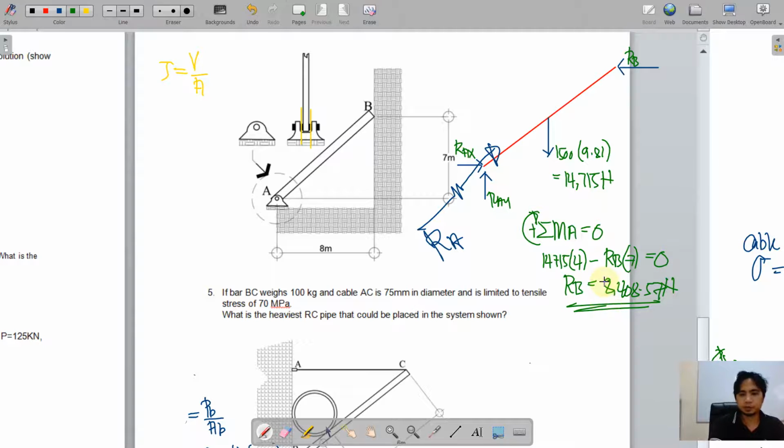Alright? Okay, so looking at the free body diagram, it is obvious that RB is equal to RAX because they are only the ones with a horizontal orientation. Okay, so we'll just have to equate RAX is equal to RB is equal to 8,408.57. Okay, so they have the same values for that.